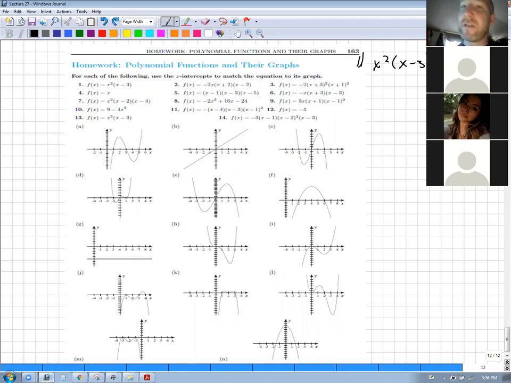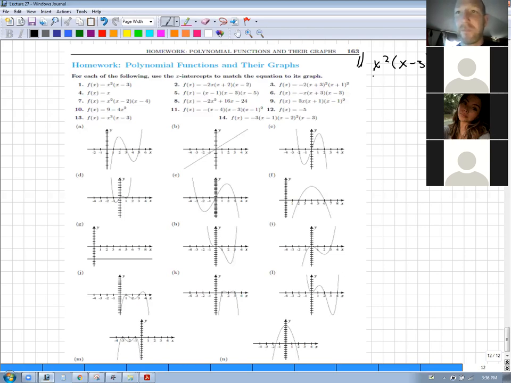A third order means we're going to have something like that. See how it would cross 1, 2, 3 times? So let's look for something that has 3 squiggles, or 3 ups and downs, that crosses at 3 and 0.